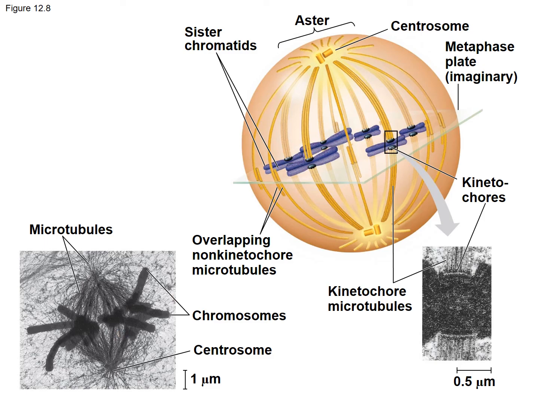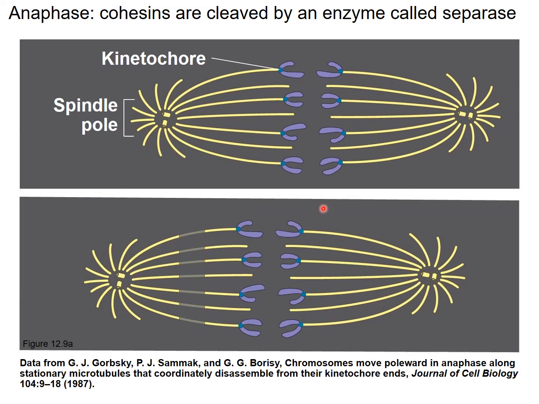Now let's talk about how, if we look at this right here, we have the spindle, which is fully formed, and we can see that the cells are starting to undergo anaphase. Now, what happens at anaphase is there's a set of proteins called cohesins, which keep the sister chromatids together. Well, there's an enzyme called separase. It's named according to its function.